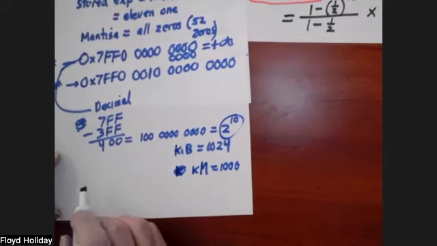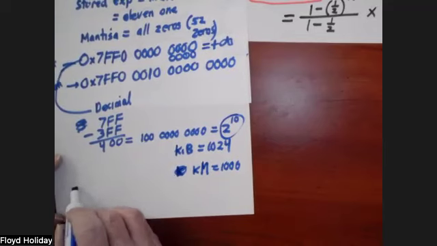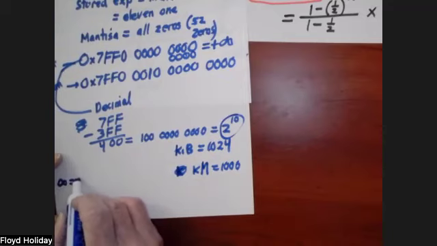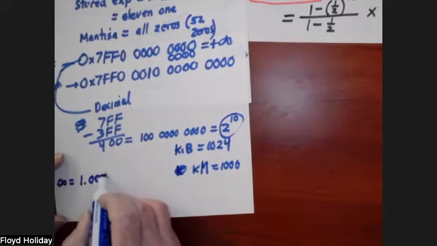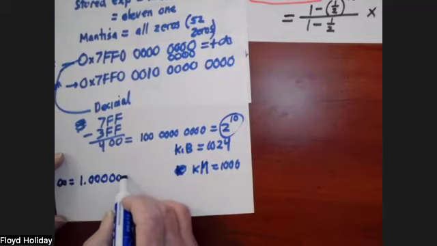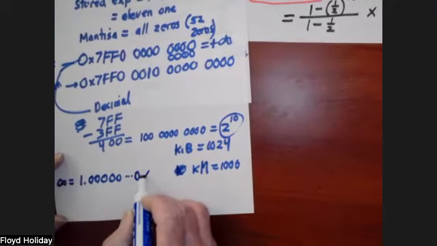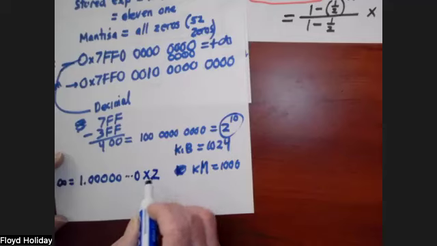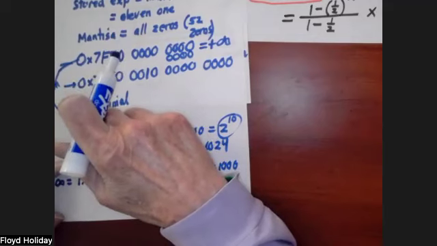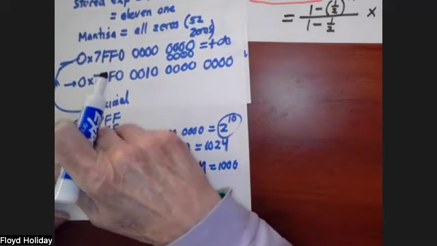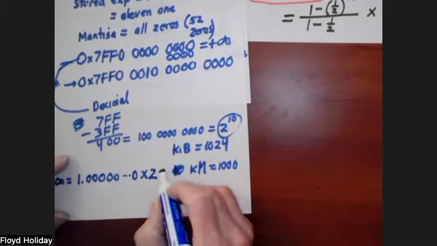Okay, so back to the subject. Infinity has a hidden bit, and then all these zeros, times 2. By the way, stored exponent minus bias number is the true exponent. True exponent is 1024.